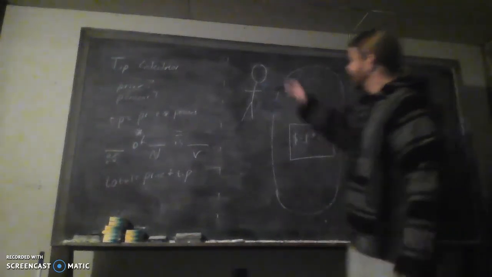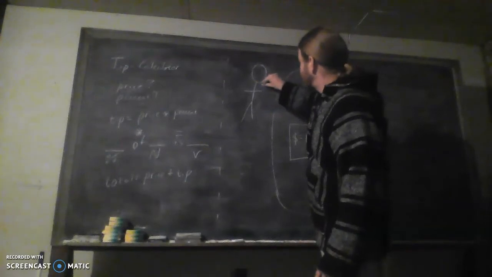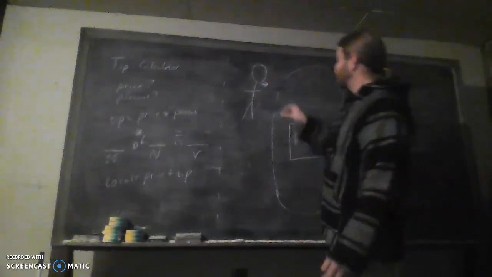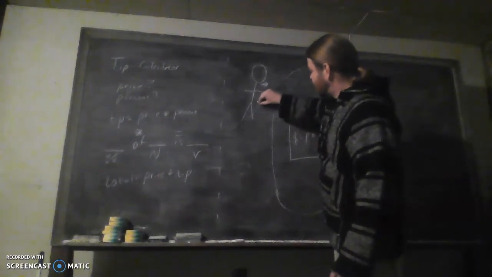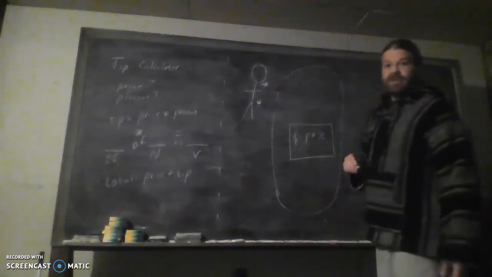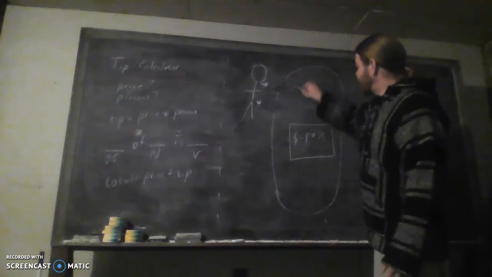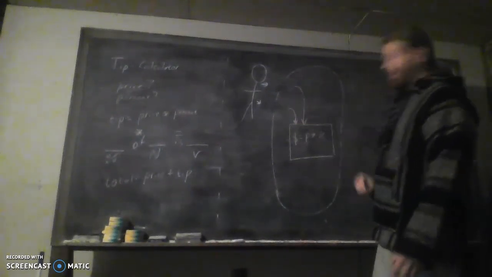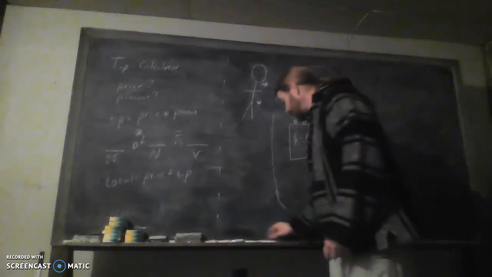And for our use case, the flow of the data is the user gives us the price and the percent, and both of those values flow into this processing thing.